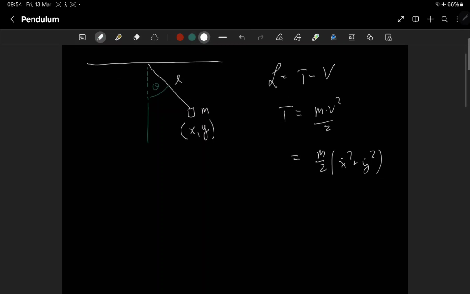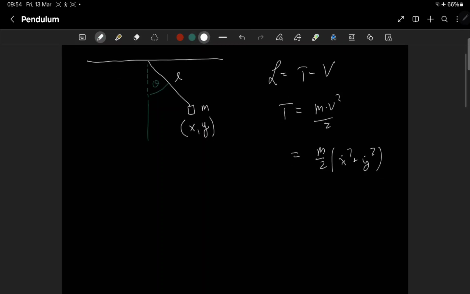So if we have theta like this, then the x coordinate, this guy over here, is just L times sine theta. So we've got x is equal to L times sine theta, and y is just going to be L times cosine theta, because it's on this side, right? This is the y coordinate, and this is the x coordinate, and this is the angle.